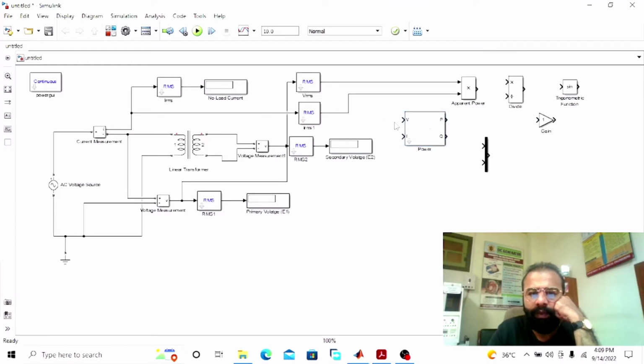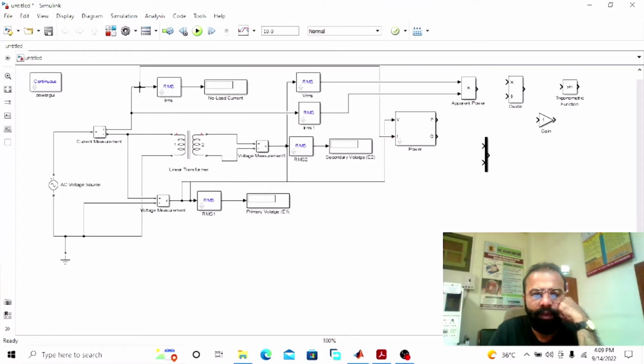Now again we need this to calculate the active power. We need again inputs of the voltage, and for the current it is connected with this ammeter block.